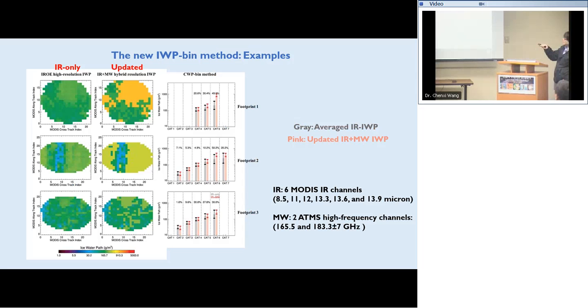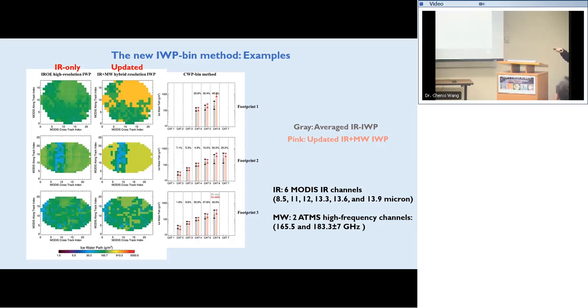So you can see that here shows the ice water path distribution for different groups. For example, if you have category 1 through category 4, something like this, the gray one is the infrared only. The pink one is after the update.